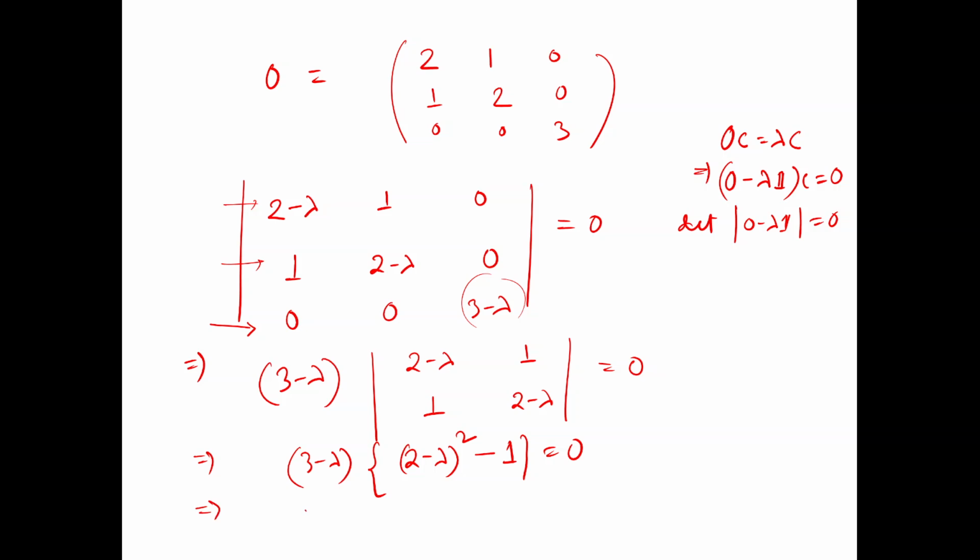So one of the solutions is definitely 3 minus lambda equal to 0, and this will give you lambda equal to 3. This is one of the solutions, and next you have (2 minus lambda) square minus 1 equal to 0.